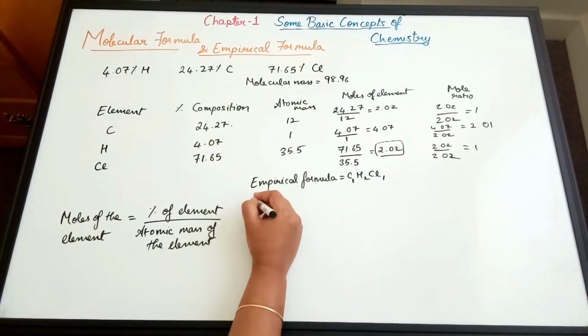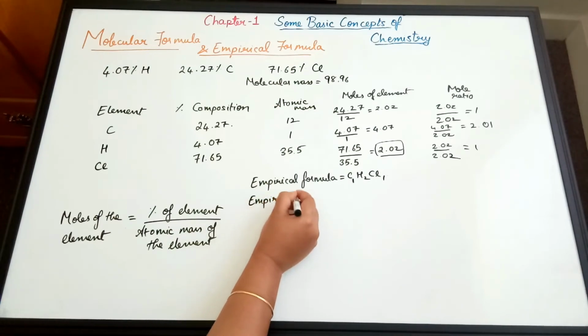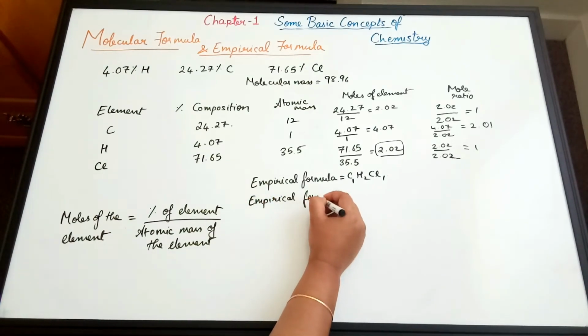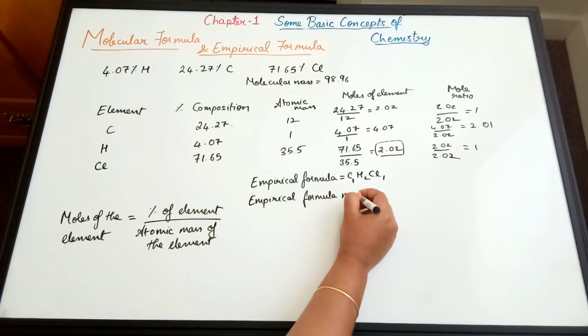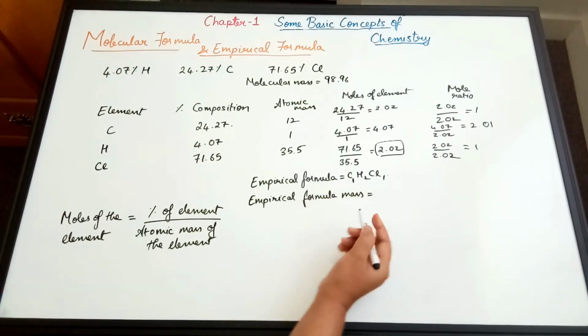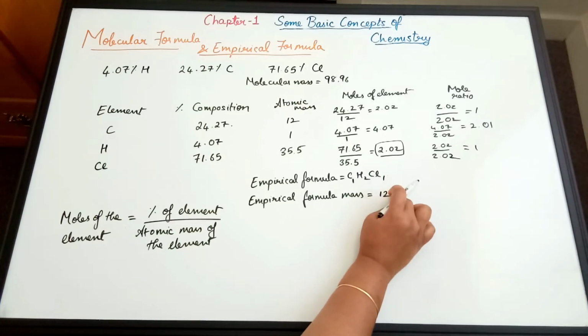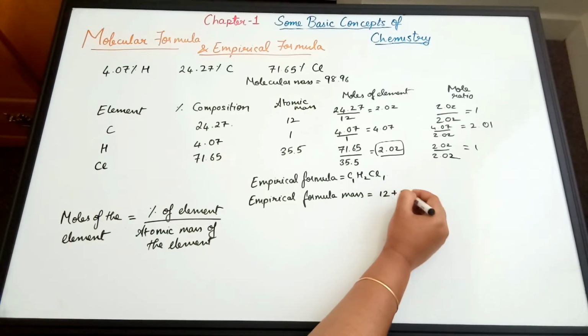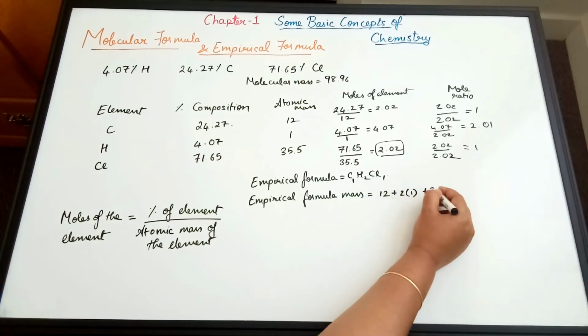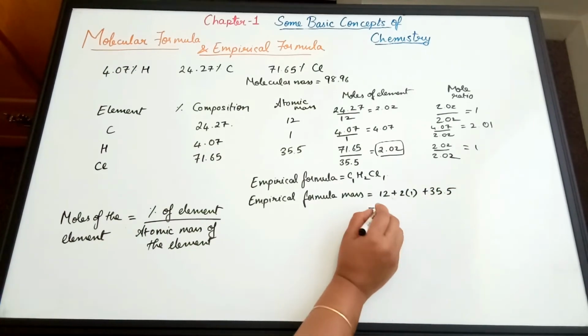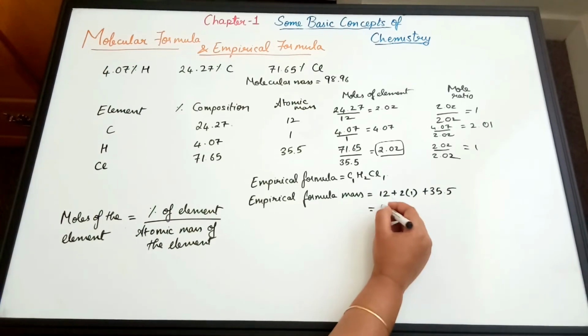Now let's calculate the empirical formula mass. You have 1 carbon, so that's just going to be 12, and you have 2 hydrogens, so 2 into 1, plus chlorine is 35.5. So this will give us the empirical formula mass as 49.5.